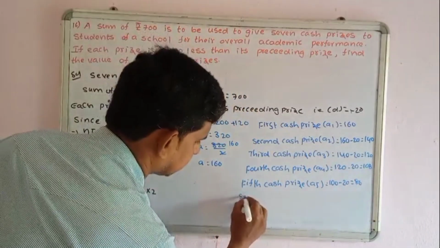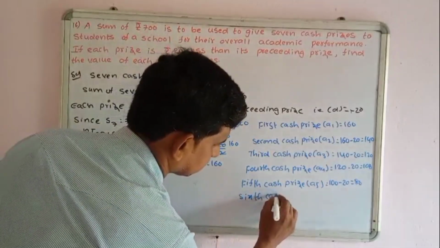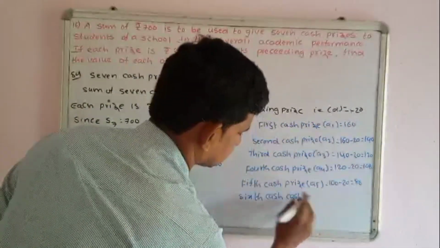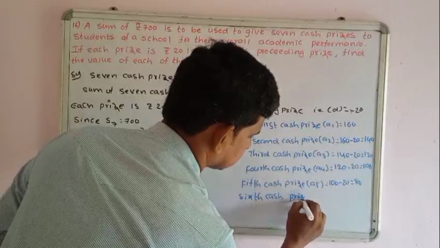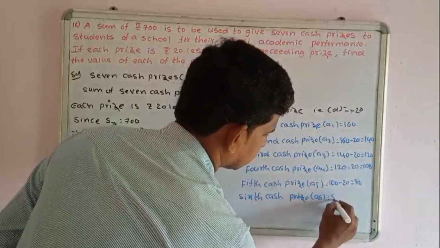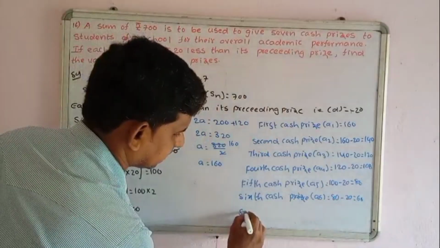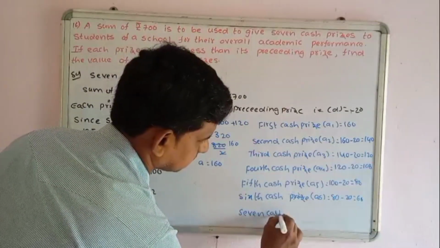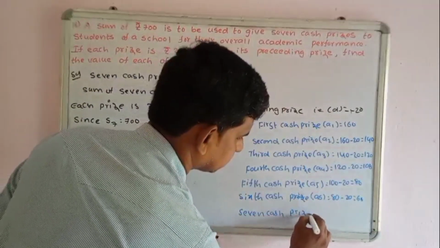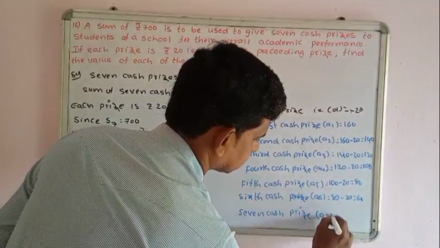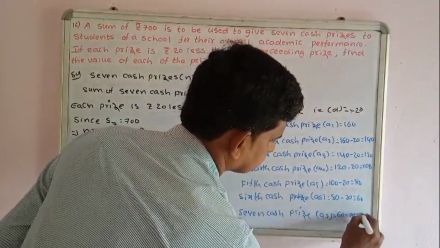Sixth cash prize: a6 equals 80 minus 20, that is 60. Seventh cash prize: a7 equals 60 minus 20, that is 40.